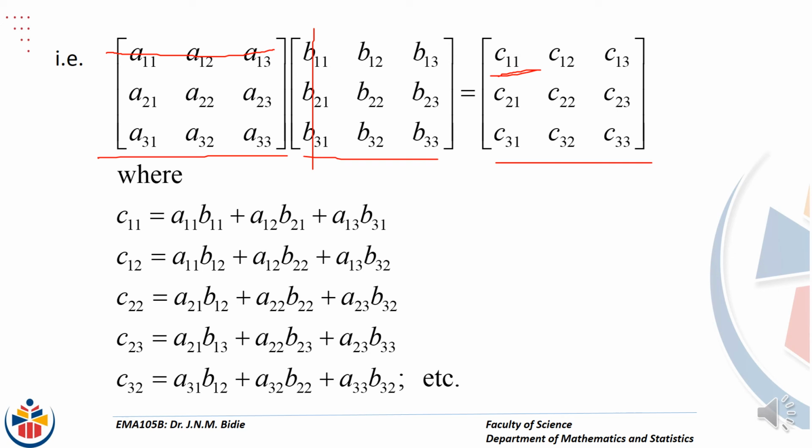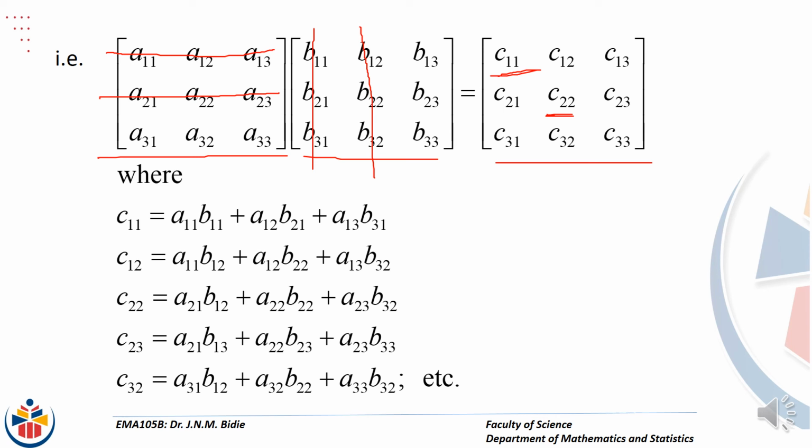In order for me to get C22, that means I must multiply the second row of A by the second column of B. Second row, second column, I get C22.